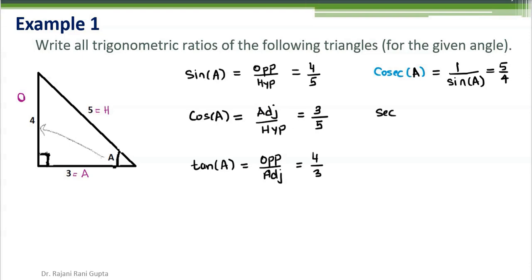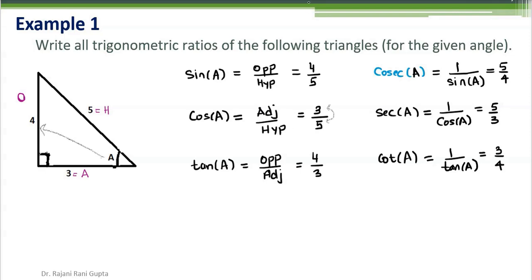Similarly, secant of angle A is 1 over cosine of A, which is nothing but changing the position of these two, so you will get 5 over 3. And similarly, cot of A will be 1 over tan of A. So just switch the position of tan, so it is 3 over 4.